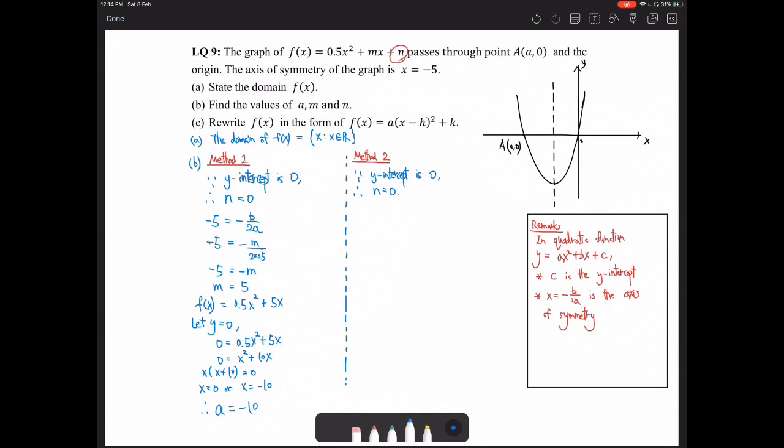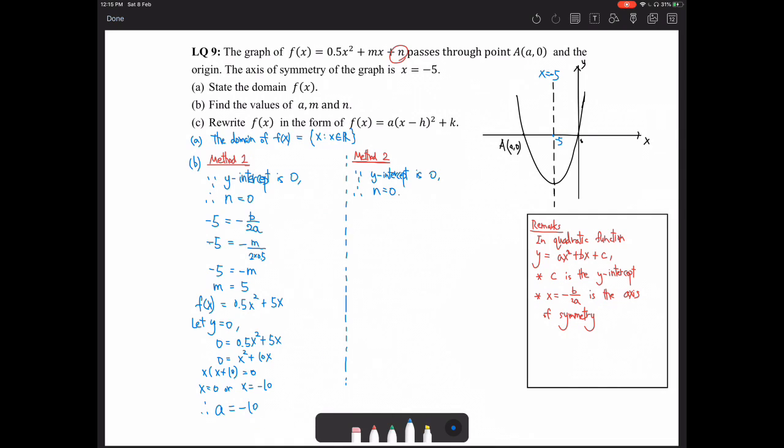The parabola is symmetrical about the axis of symmetry, and we know the axis of symmetry is x equals -5. So here, this is -5. Since the parabola is symmetrical about the axis of symmetry x equals -5, that means the x-coordinate of point A plus the x-coordinate of the origin, over 2, is equal to -5.